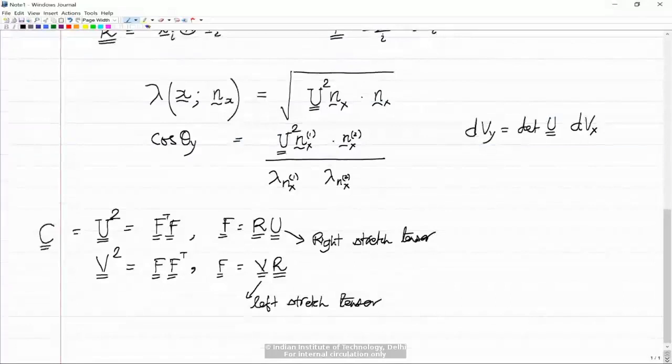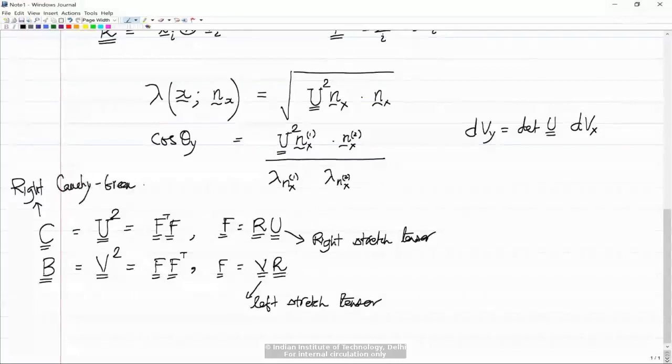Everywhere in the book you will see it is denoted by c, and v square is denoted by b. And since c is formed by the square of u, which is a right stretch tensor, this is also called right Cauchy Green tensor, whereas this is called, you can guess, left Cauchy Green tensor.